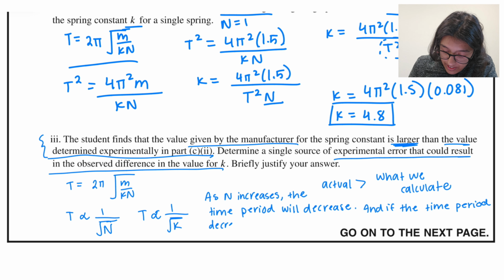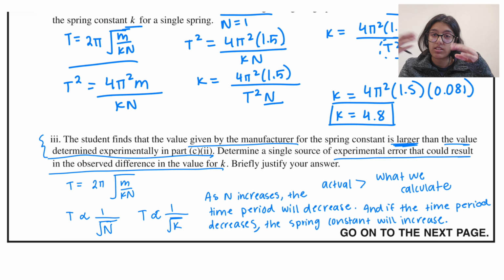All right, so the spring constant has increased, right? So what we could say is that maybe the time period was calculated wrong. Maybe we said that the time period was much more than what it actually was, because if we say the time period is more, then that means we're going to say that the spring constant was less, right?